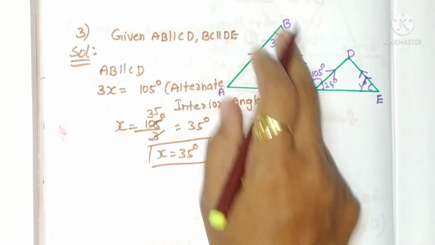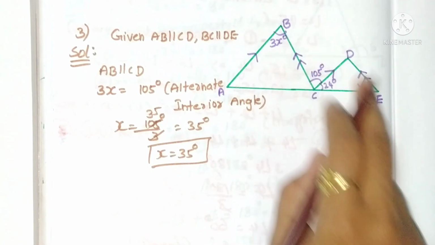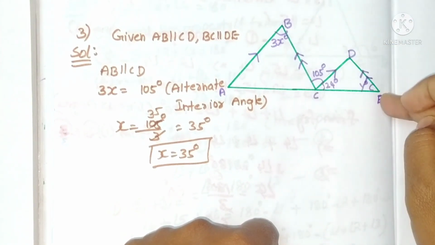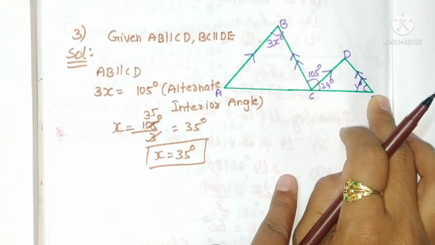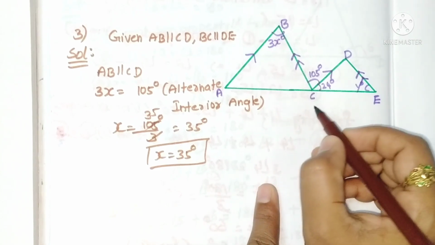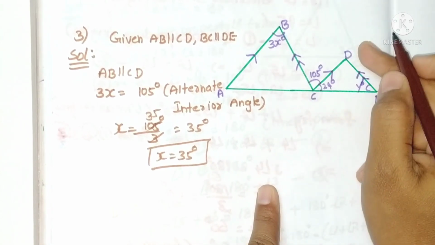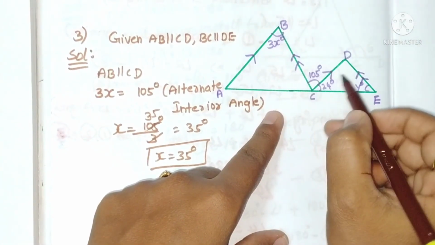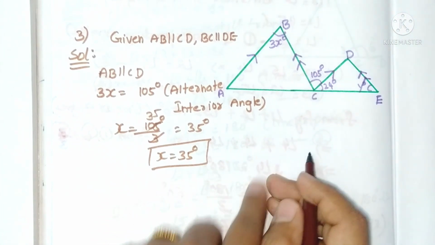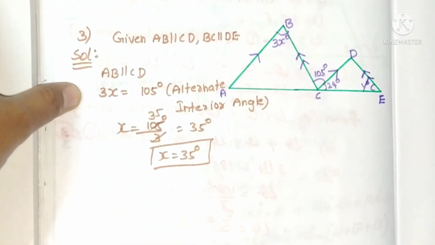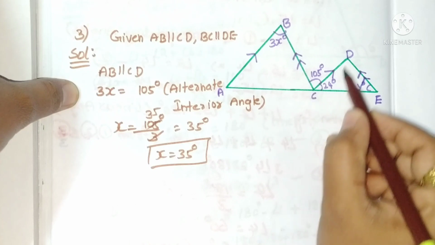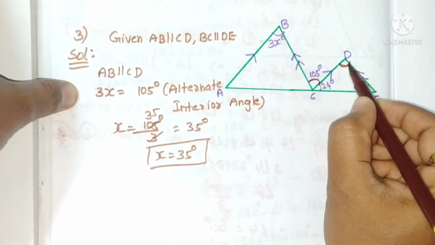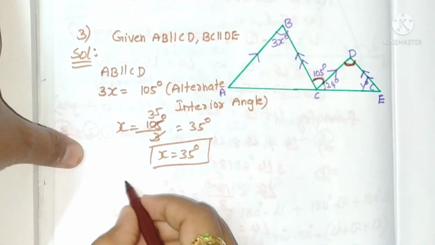Now BC and DE are also parallel, and CD is a transversal line. So if CD is a transversal, these two angles are alternate angles, right?